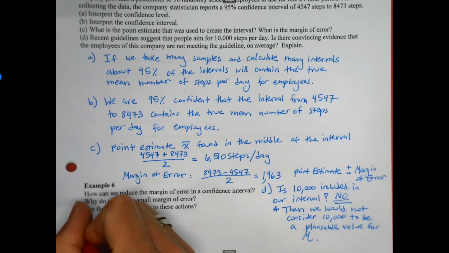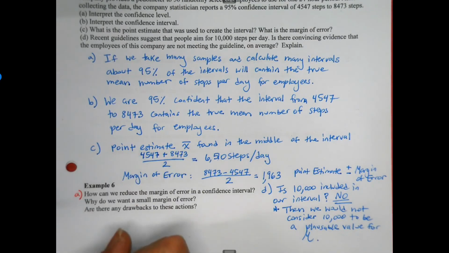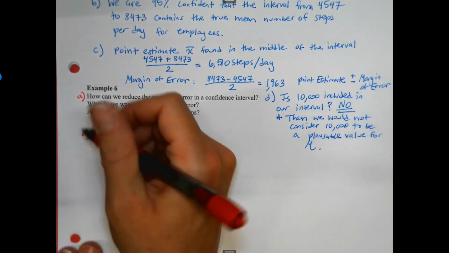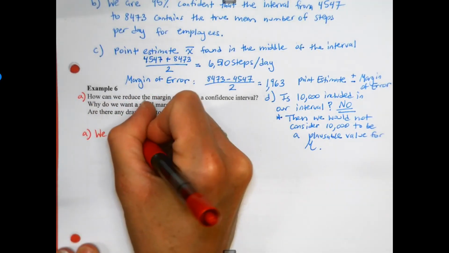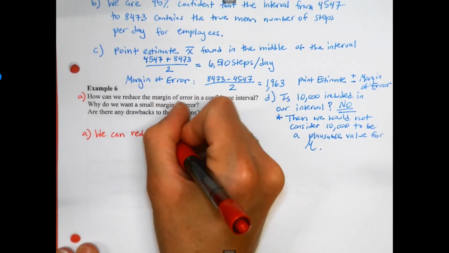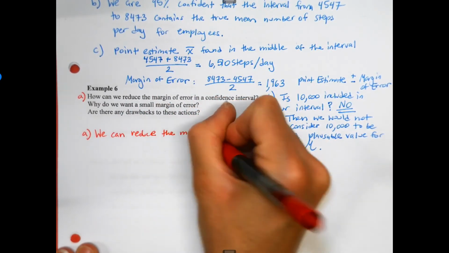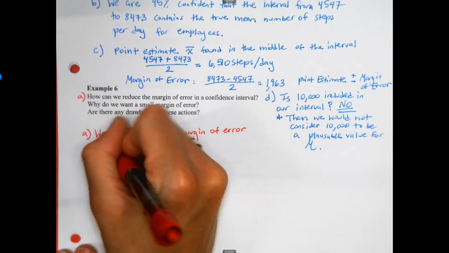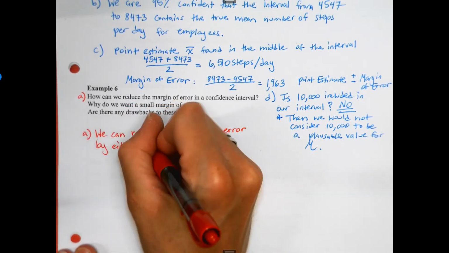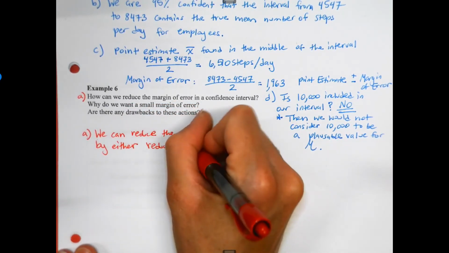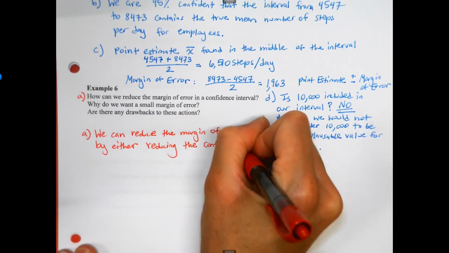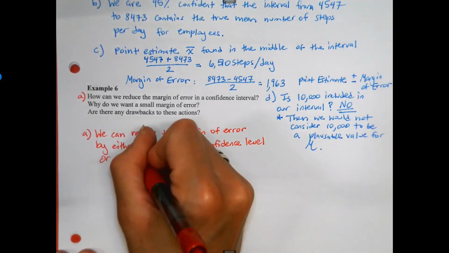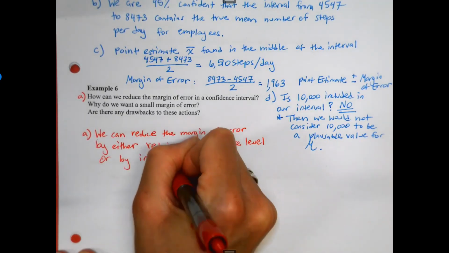The way that we can reduce, I'm going to call this A. So we can reduce the margin of error by either reducing the confidence level or by increasing the sample size.